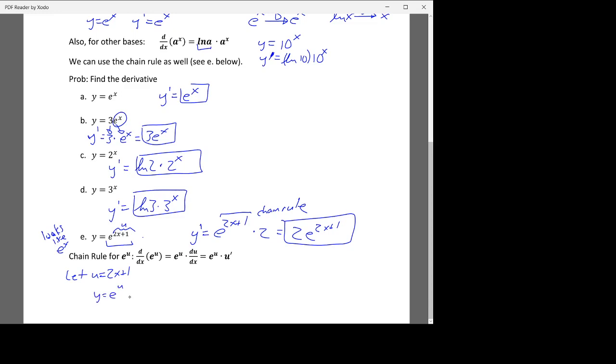And so we can say the y prime is e to the u times du/dx. If u is this, the derivative of this with respect to x is just 2, so times 2. So 2e to the u, and that's 2e to the 2x plus 1 after substituting back. Seems like a longer way than what we talked about here to me, but whichever way works for you, this is the formal way on the bottom.